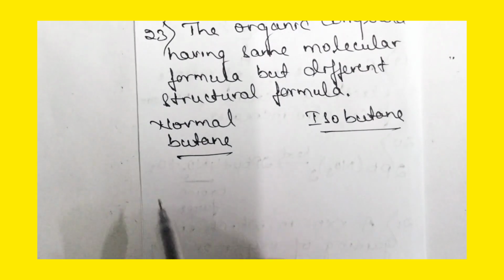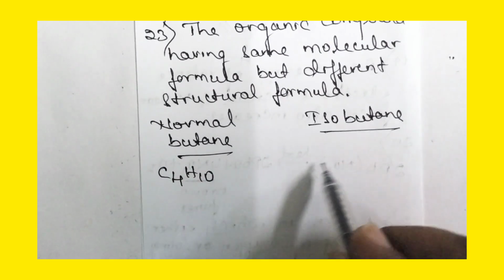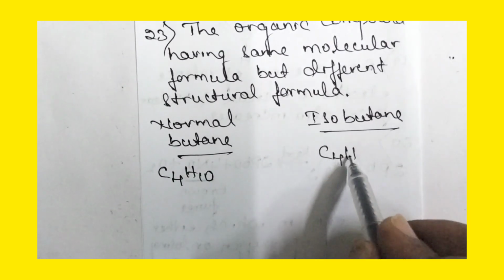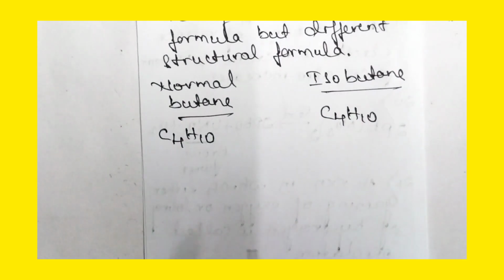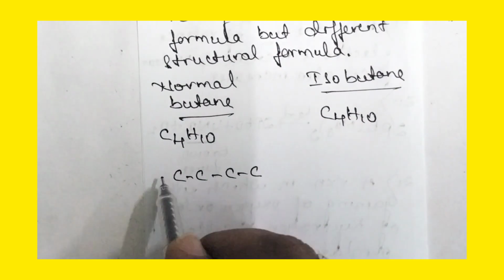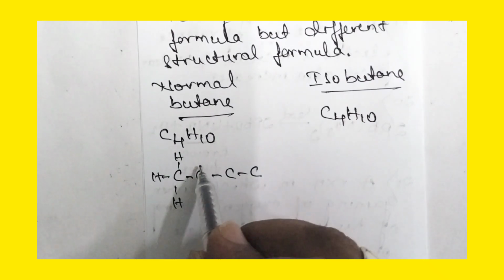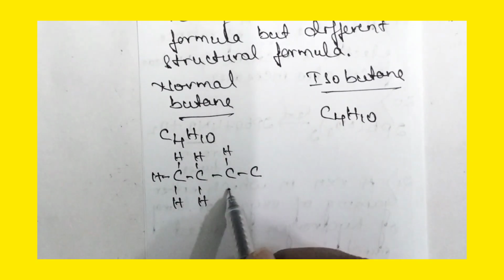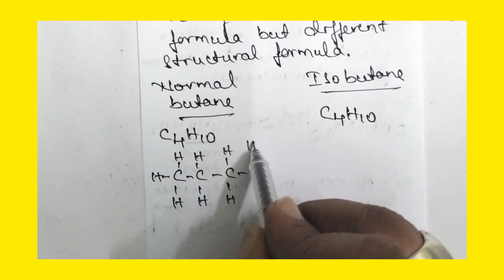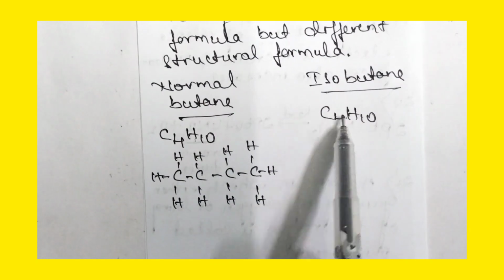So now let us write the molecular formula for butane, C4H10. Now how many carbons? 1, 2, 3, 4. So for normal butane we have to write the straight chain, and for isobutane let us write the branched chain. So this is the structural formula and molecular formula. Observe, both have the same molecular formula.